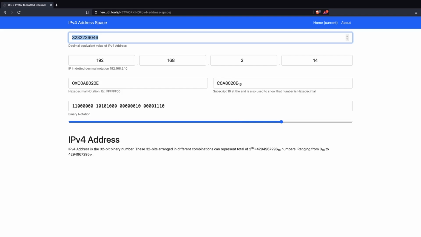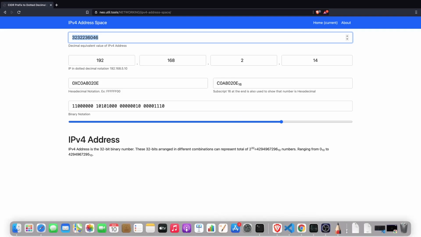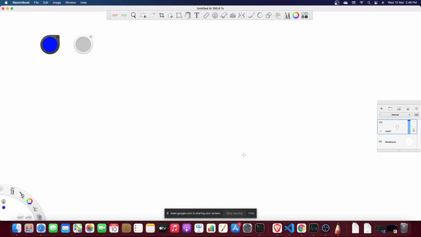So this is the decimal value, which is 3232236046, right? Okay. How to convert this one to dotted decimal?